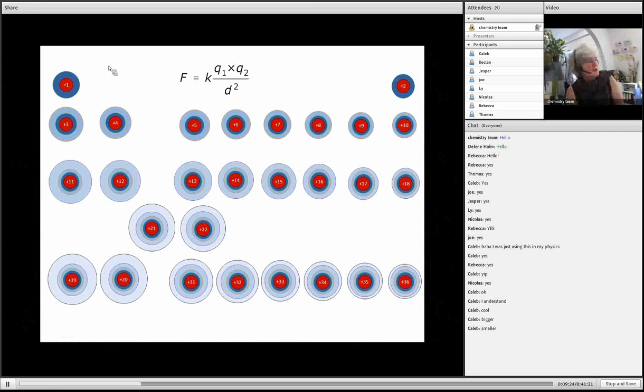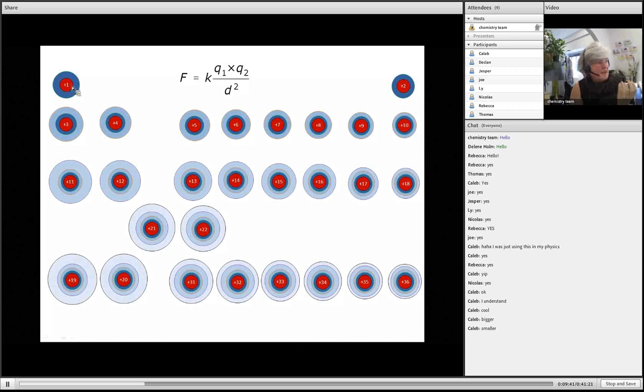If we look at hydrogen, it's got a Q1 of +1 and a Q2 of -1. So there'll be that particular attraction that we can work out, and that electron will stay in a particular area around the hydrogen. I'm just using hydrogen as the base. If I go to helium, Q1 is bigger.